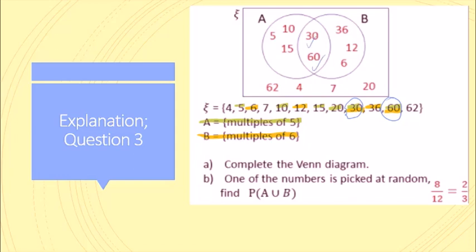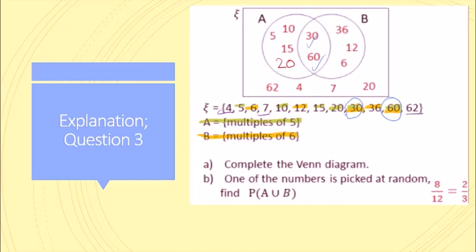Okay, so if a number is just a multiple of 5, so that's 5, 10, 15 and 20, it would go into category A, which means the answer is slightly wrong because it should have 20 there. And multiple of 6, so 6, 12, 36 would go into part B. So the numbers that are left over are 4, 7 and 62.